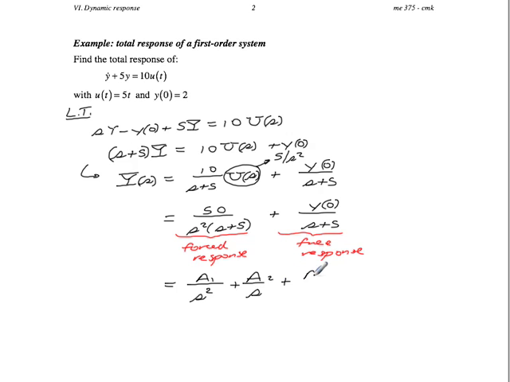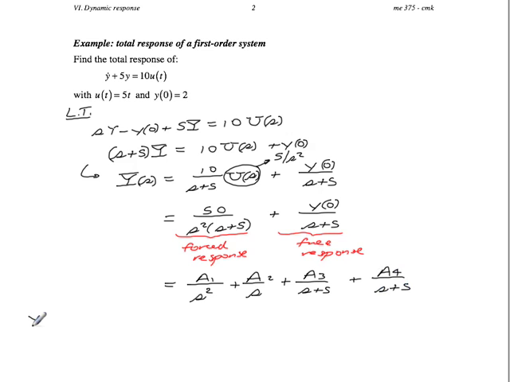And then we have a third term due to the s equal to minus 5 root. The free part, that's going to be a4 divided by s plus 5 as that.